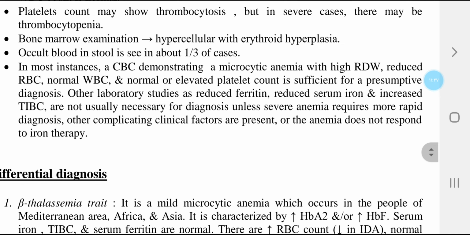In most instances, a complete blood count demonstrating a microcytic anemia with high RDW, reduced RBC, normal WBC, and normal or elevated platelet count is sufficient for presumptive diagnosis of iron deficiency anemia. Other laboratory studies such as reduced ferritin, reduced serum iron, and increased total iron binding capacity are not usually necessary for diagnosis unless severe anemia requires more rapid diagnosis.